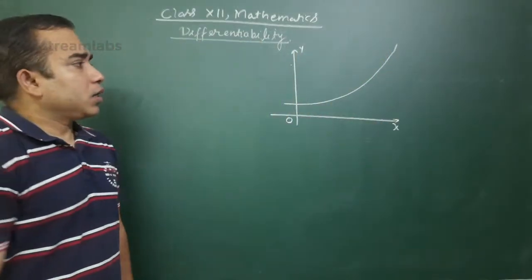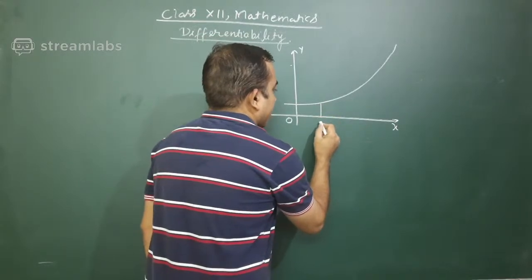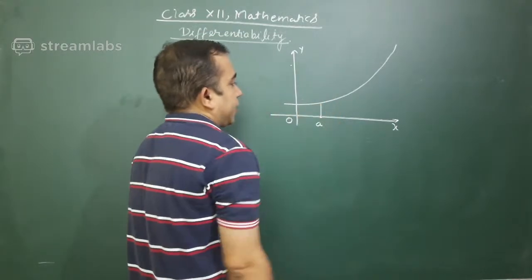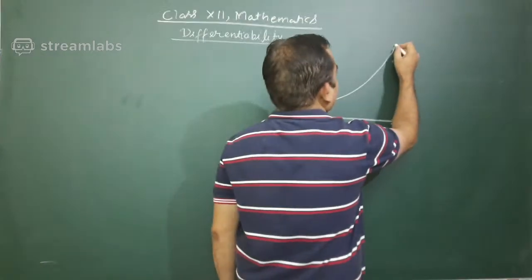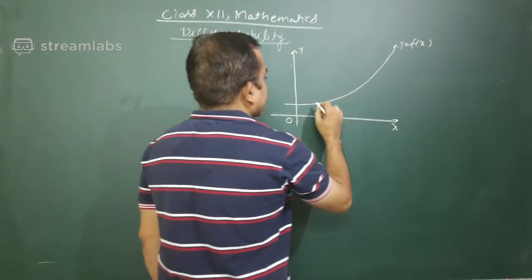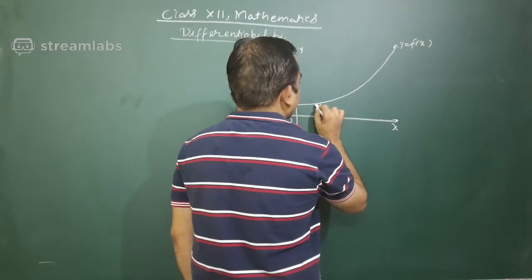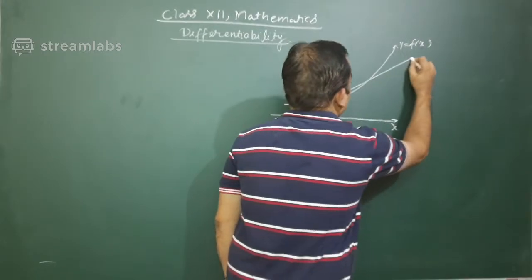Say there is a point of observation A. This is A. Its corresponding value is on the function y equal to fx. Say there is a second line which cuts this curve like this.